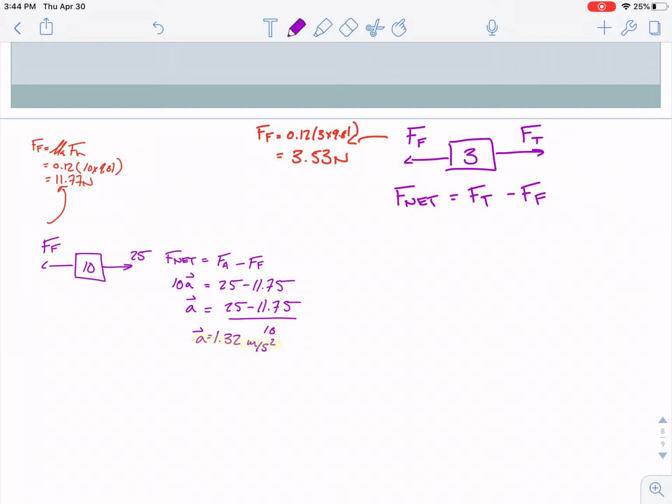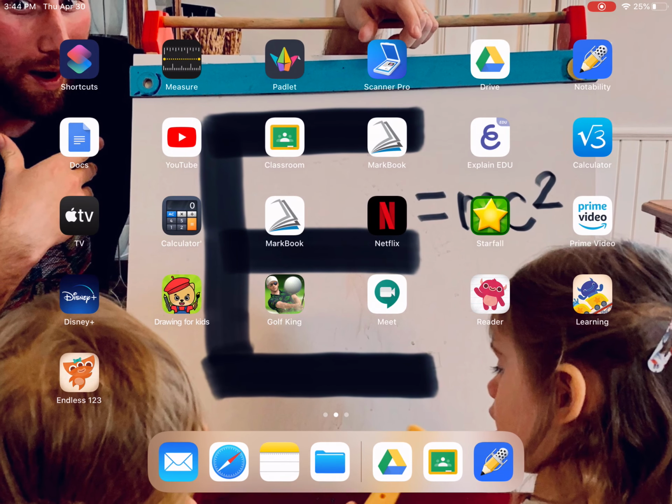So 3 times 1.32 is equal to force of tension. This force of friction isn't 3.53. This is 25 newtons. Is it? Oh, man. Okay. Calculator. Sorry.